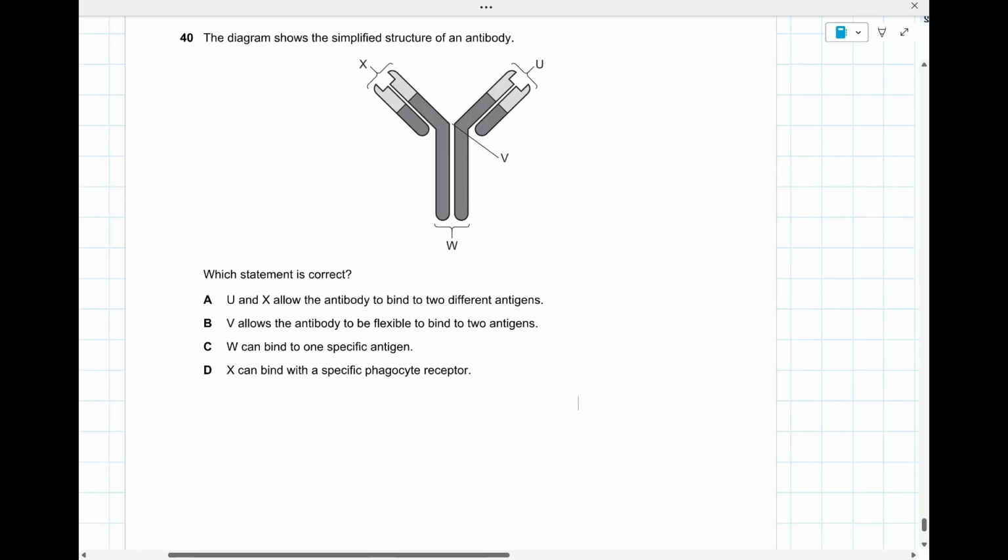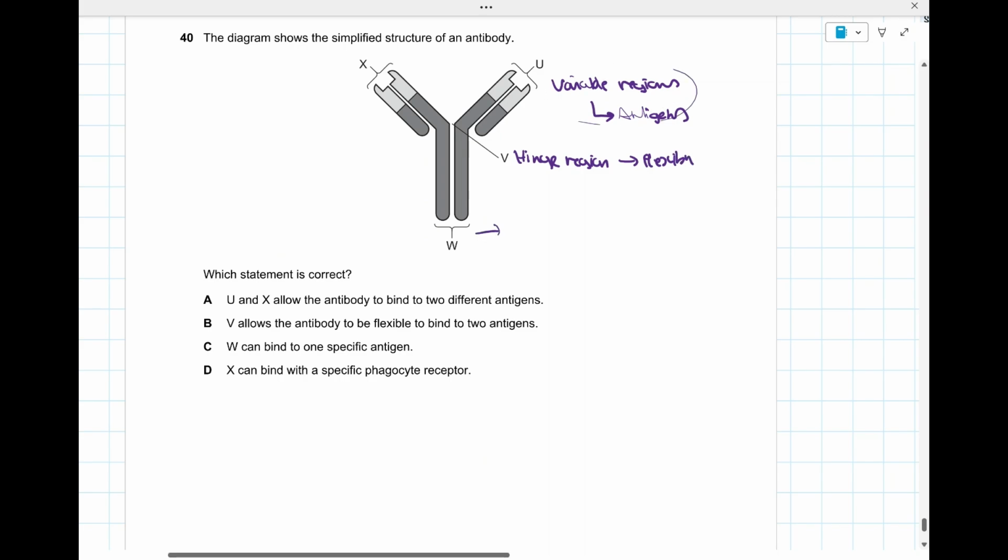Question number 40. The diagram shows the simplified structure of an antibody. Which statement is correct? So first of all, X and U are variable regions. And these regions bind to antigens. V is called a hinge region, and this allows flexibility for the variable region to bind to the antigens.